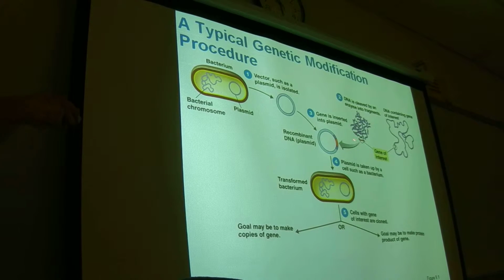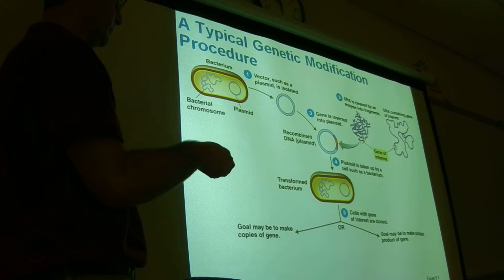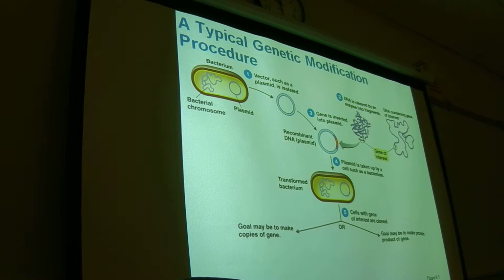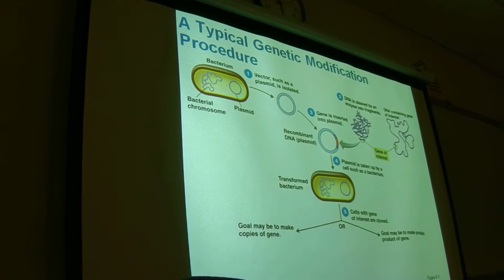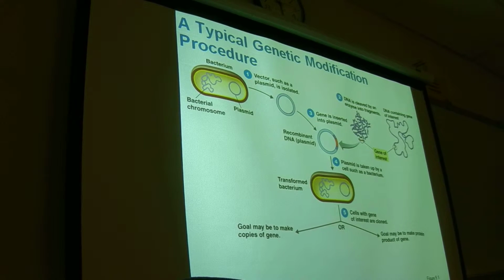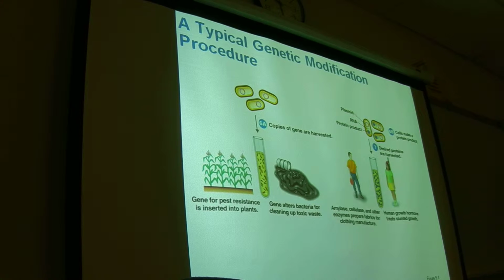And you take this plasmid with your insulin gene, put it back into bacteria, and now the bacteria will replicate like bacteria do and grow into millions and millions of cells, and each one of these cells will be carrying this gene for insulin and will make insulin protein. And then you can harvest the insulin and make therapeutics based on that. Okay, we went over the possible options that you could do with that.